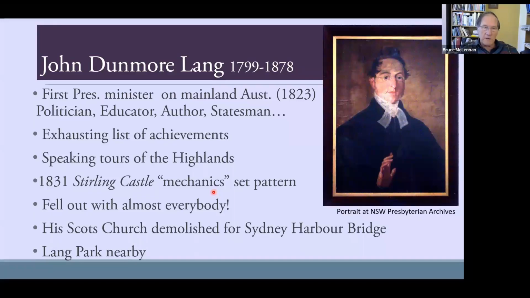So you then had this fellow who's totally pivotal to the Scots arriving in Australia. He had a doctorate. He was called DD, Doctor of Divinity, and he was a minister of the church, the first Presbyterian minister on mainland Australia. There was one in Hobart just a year earlier. It's impossible to describe how much he did, how energetic. He was not just a politician, an educator, an author, and a statesman.